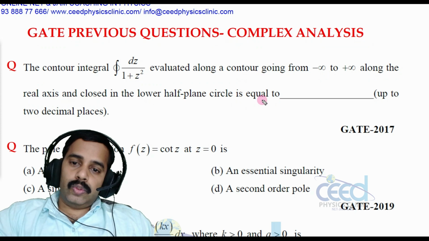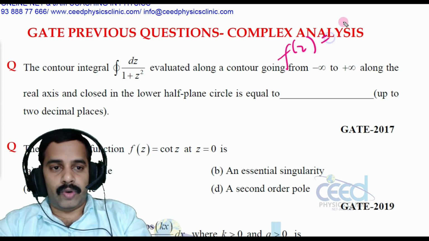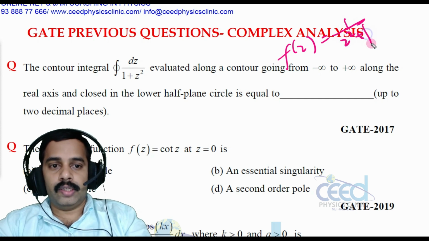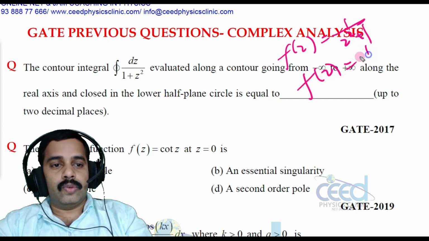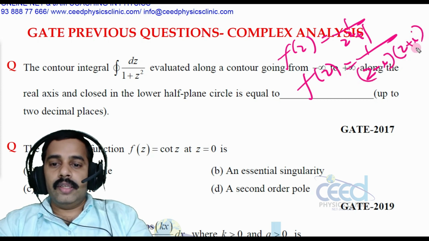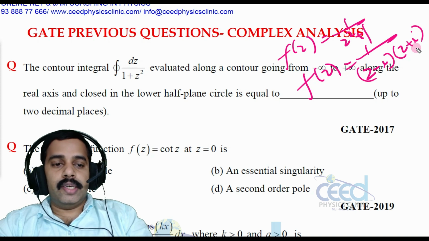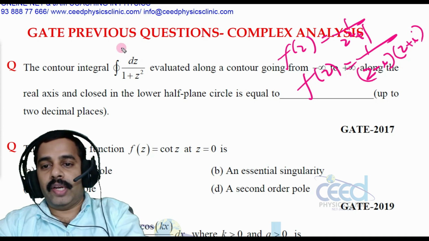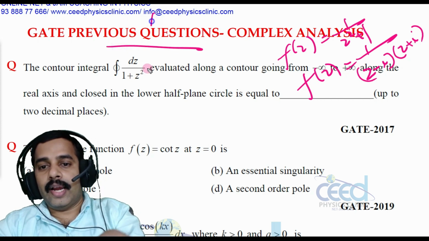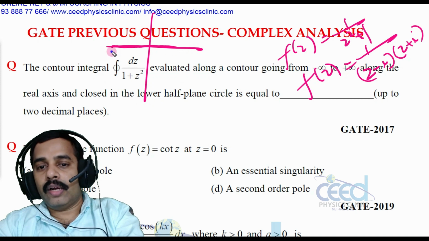So here the question is given as f of z is 1 by z square plus 1, that is f of z is equal to 1 by z minus i into z plus i. Now let me calculate the integral, but here the contour is defined. It is along the real axis from minus infinity to infinity, closed in the lower half of the circle.